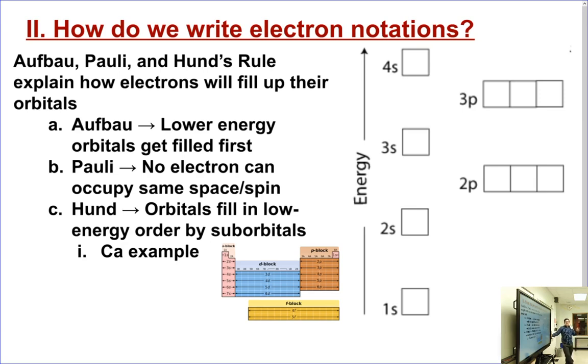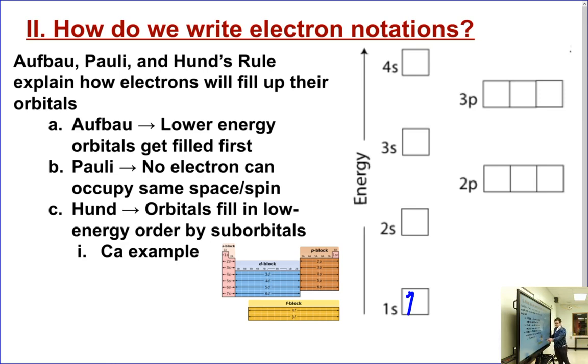All right, let's do Aufbau's principle first. It says the lowest orbitals get filled first. So how many electrons can fit in the 1s orbital? That's 2. We already have in our notes that we have 2 electrons.